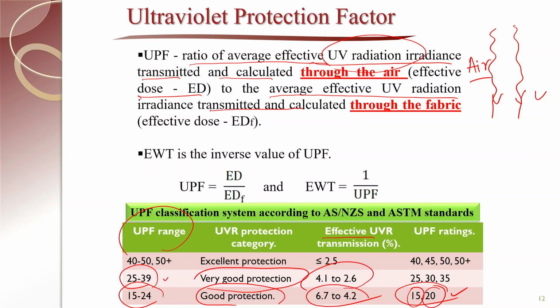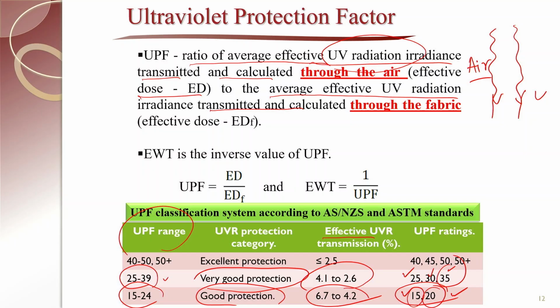In the good protection range, where the UPF rating range is 15 to 24, we rate it 15 and 20. For 25 to 39 we rate it at 25, 30 and 35, 35 being the highest in that range.